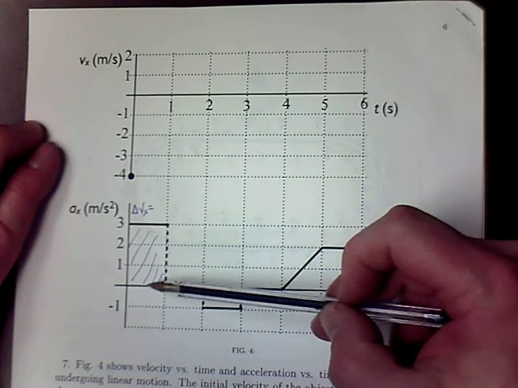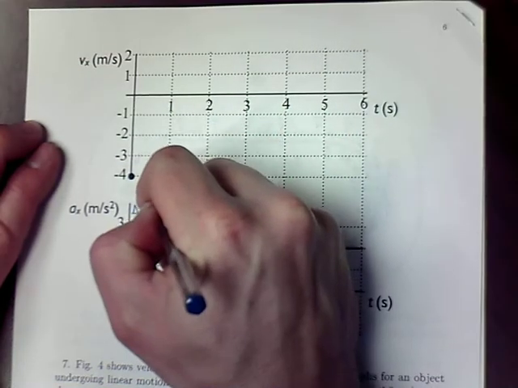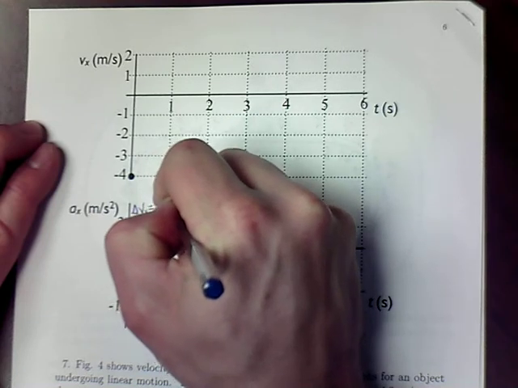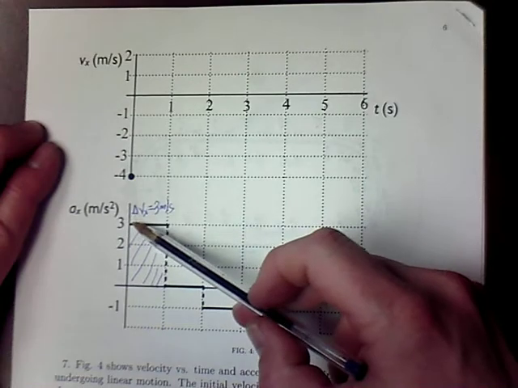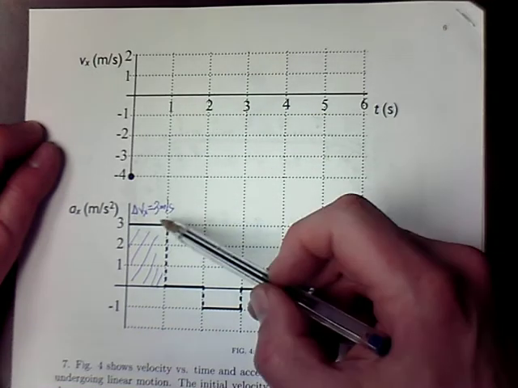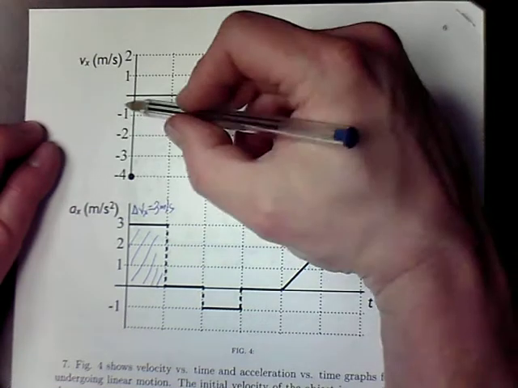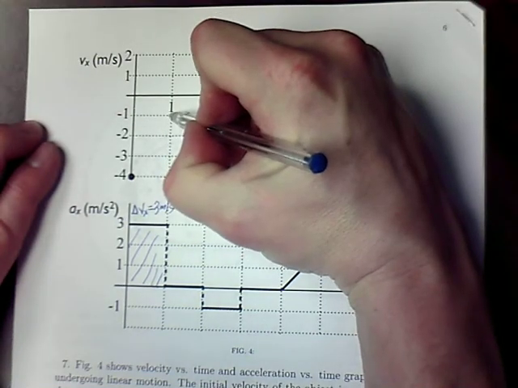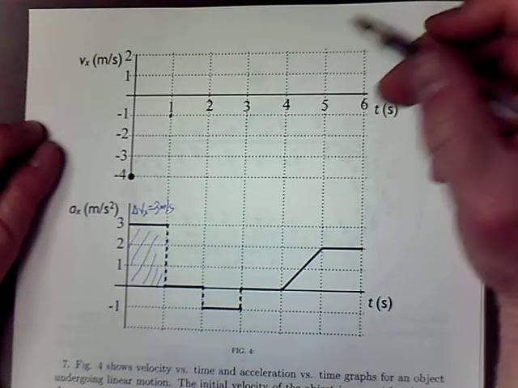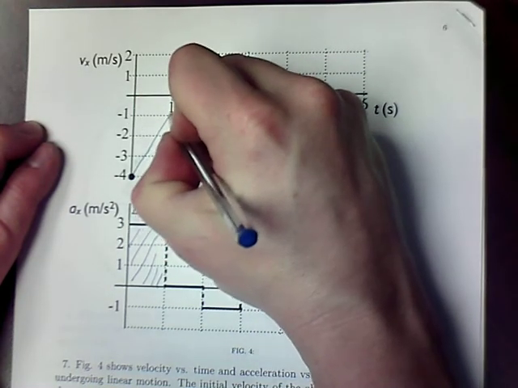It's just 3 times 1 second is 3 meters per second. We see that this is constant acceleration, which corresponds to a straight line between minus 4 meters per second and the new value at minus 4 plus 3 equals minus 1 meters per second. And we draw a straight line between those two.